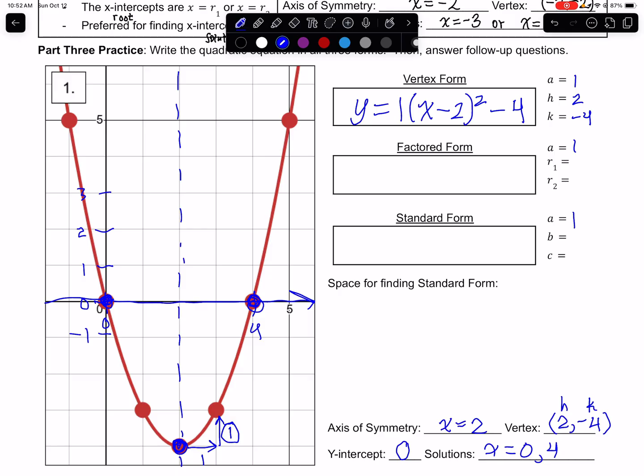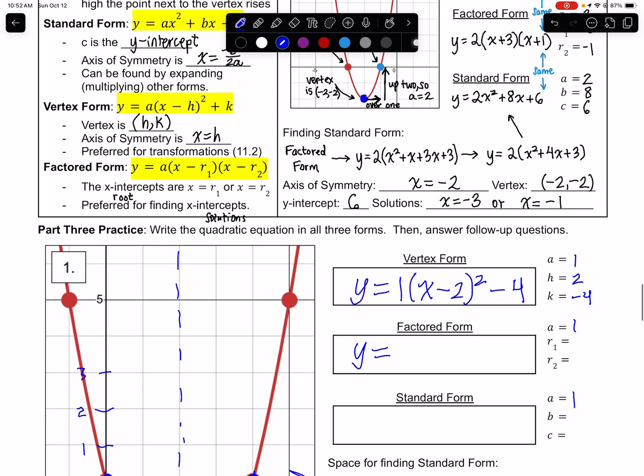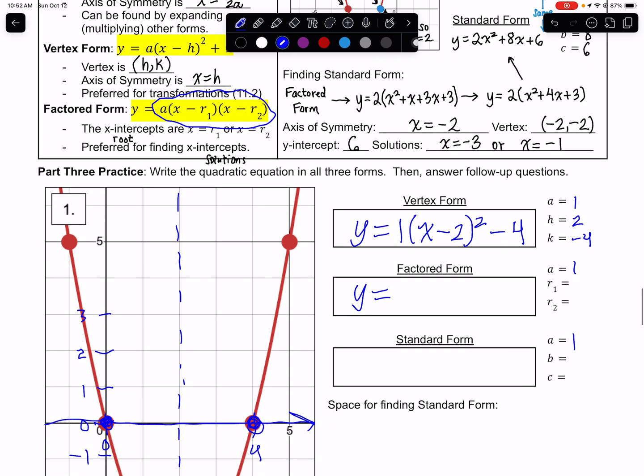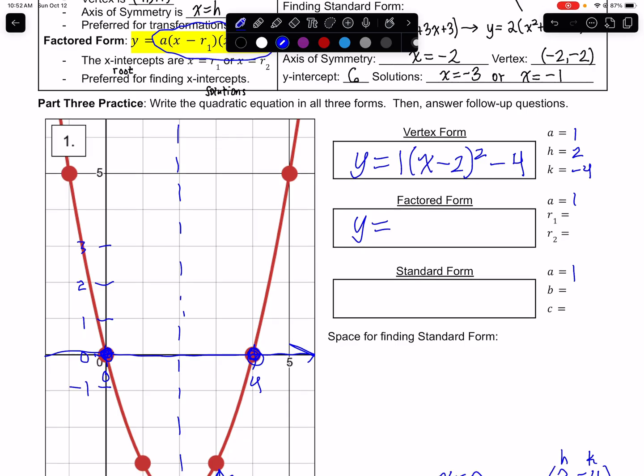Let's take a look. So factored form. That would be the two factors, which you're supposed to write like this. So x minus one of your factors, or x-intercepts, and then x minus the other x-intercept.